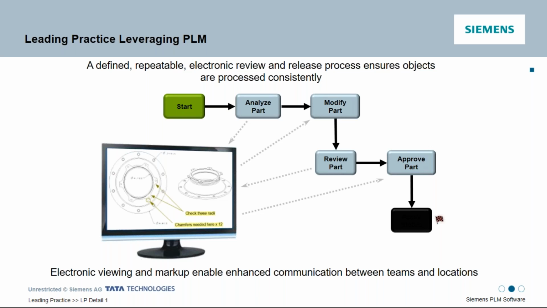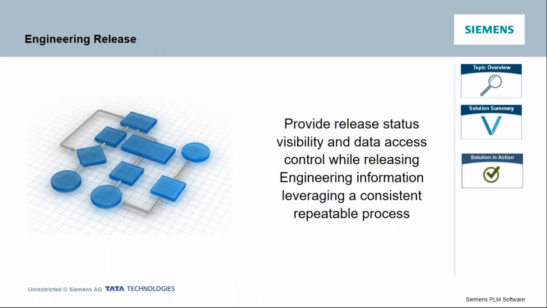For instance, if somebody wants to know at what stage a part is, they can go and open its workflow and see at which task it's pending or who is responsible for that task. And who is responsible for the next task, right? So it gives you real-time process visibility for the entire organization. Now let's see the Teamcenter solution to implement these leading practices.